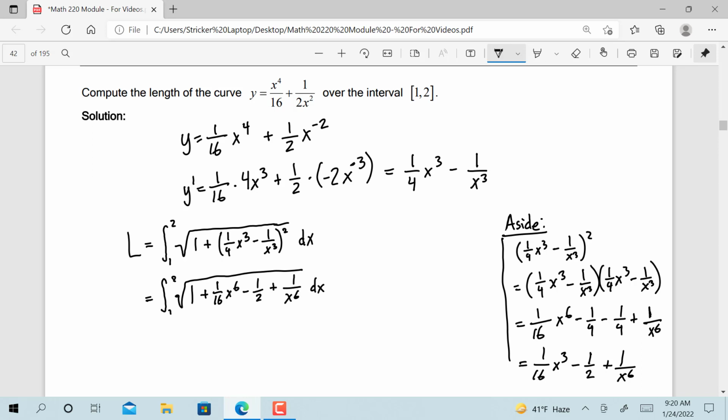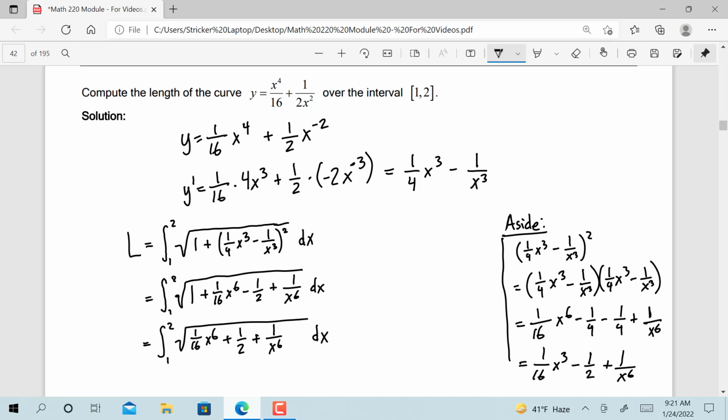And we can combine the 1 and the minus 1/2, which makes this the integral from 1 to 2 of the square root of 1/16 x to the 6th plus 1/2 plus 1 over x to the 6th.